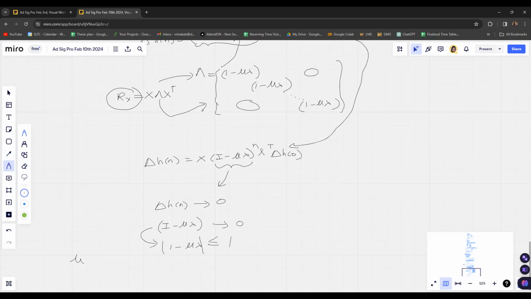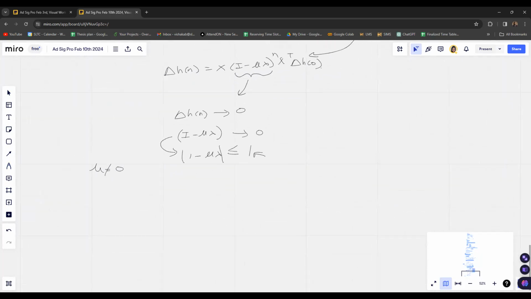We cannot make this mu value equal to 0. Mu should be a value which is above 0. So in order to avoid that, we are going to make this 1 minus mu lambda expression below a certain value, which is 1. By doing so, we can get a small value for mu. So by considering this condition, we can obtain a value for mu.